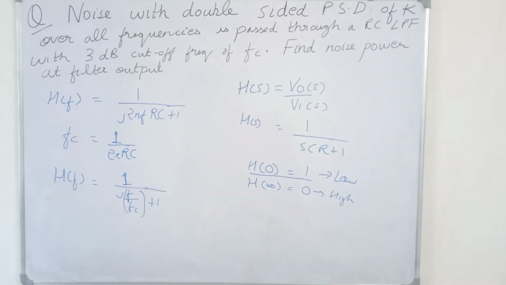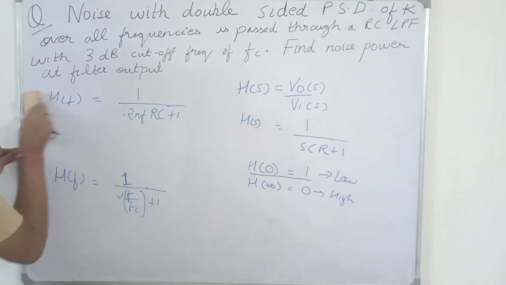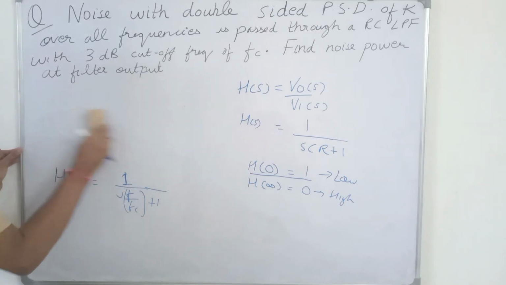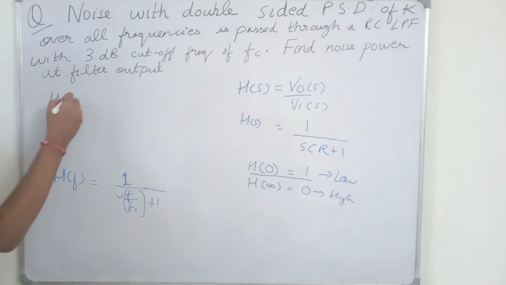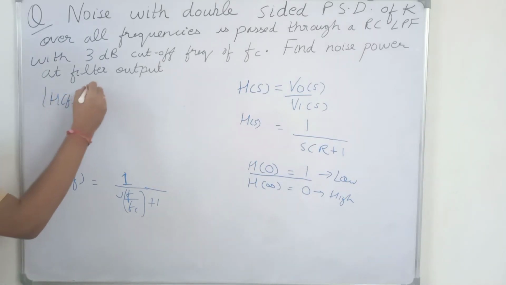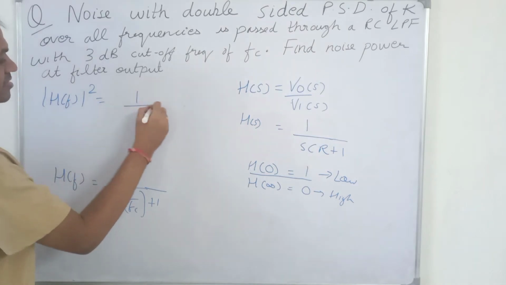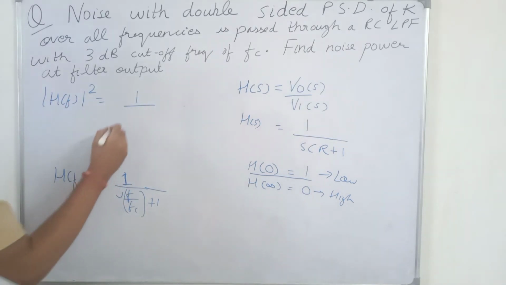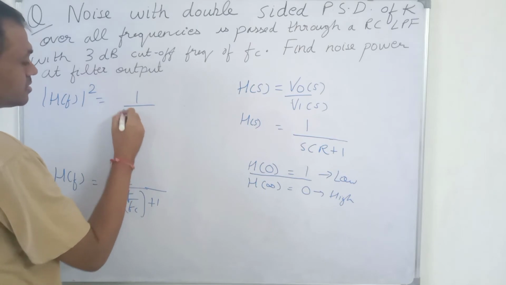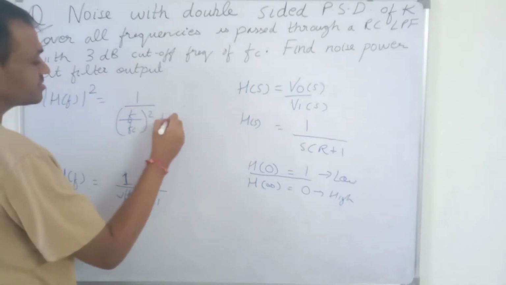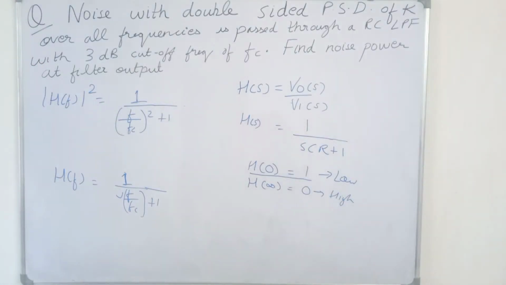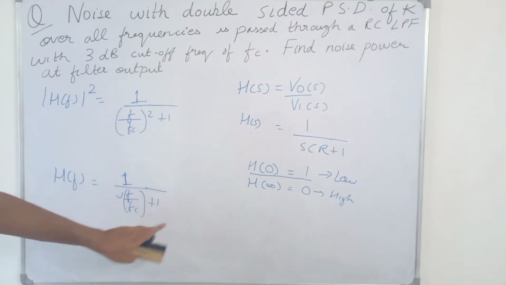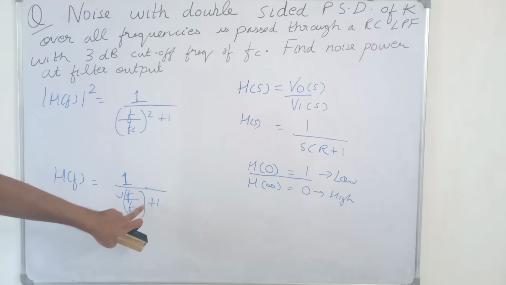Now if we take the magnitude and square it, because we have to find the power spectral density, so obviously we have to find magnitude of H of F whole square. It will be equal to 1 upon (F upon FC) whole square plus 1, because the magnitude is under root of (F upon FC) whole square plus 1.